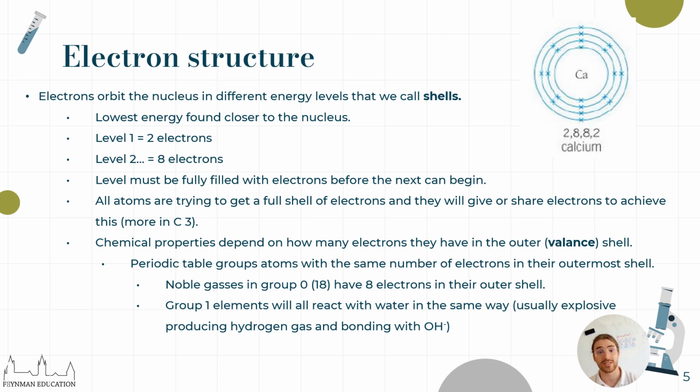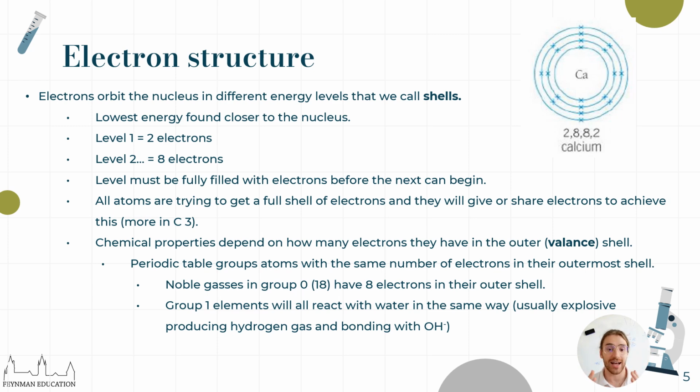In the case of calcium, it's a lot easier to lose 2 electrons than it is to gain 6. But we'll get to this in chapter 3. The point is they want a full outer level. It can lose electrons to get the last outer level's full level, or it can gain electrons to fill its final one.